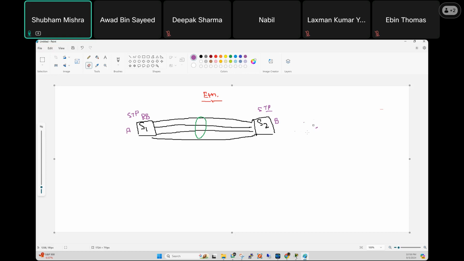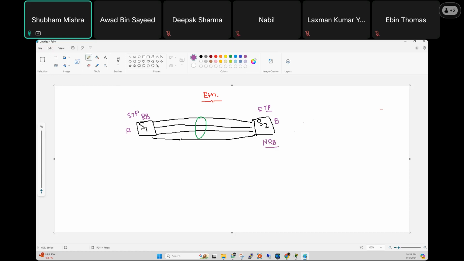Now, come to the port roles. When the root bridge is decided, it means switch number 1 is the root bridge and switch number 2 is called the non-root bridge. Clear, everyone? Yes. Now, on the root bridge, we already know the port role. Every port of the root bridge is called a DP port.